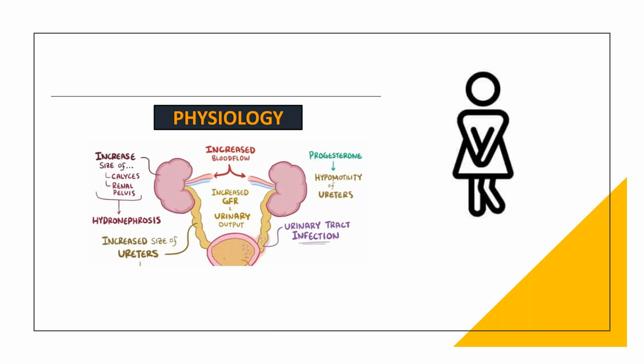It may also be caused by the increased size of the renal pelvis and hydronephrosis, and the increasing size of the uterus. All of these may lead to increased chances of UTI during pregnancy.